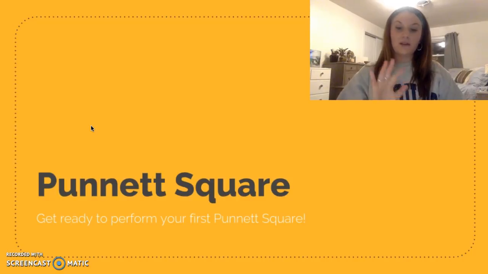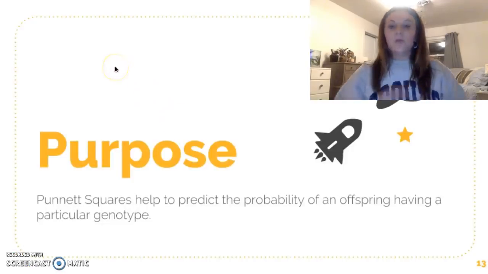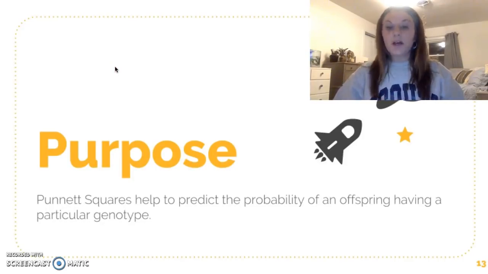So here we go. We still have a few things to talk about before beginning our Punnett Square. So the first thing that we're going to talk about is the purpose. We do Punnett squares in science to predict the probability of an offspring having a particular genotype. So we talked about capital B, lowercase, and then 2 lowercases.